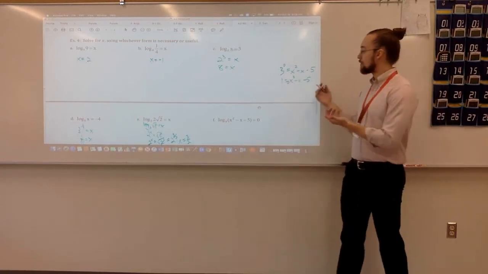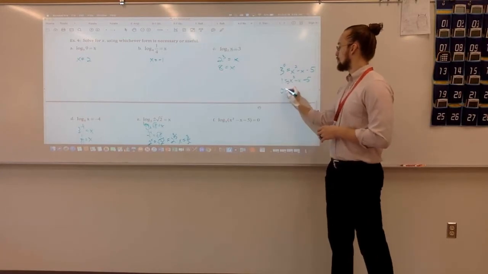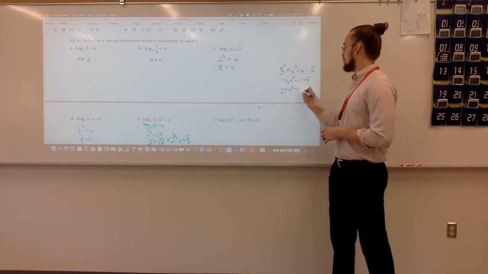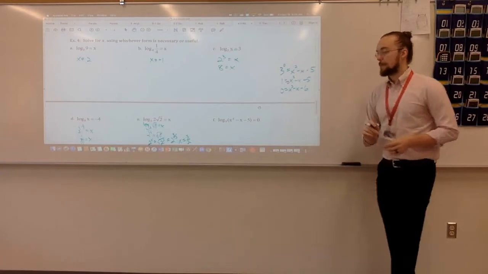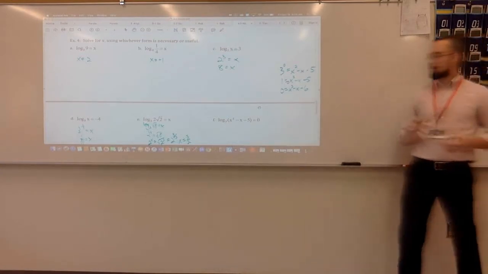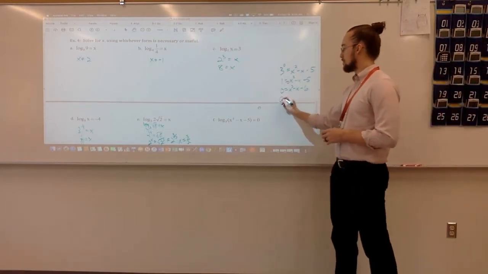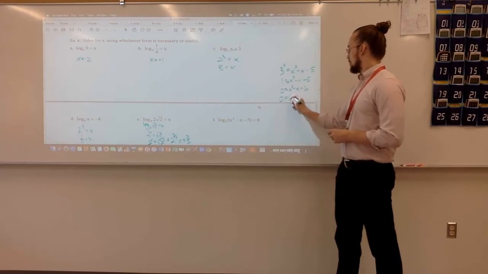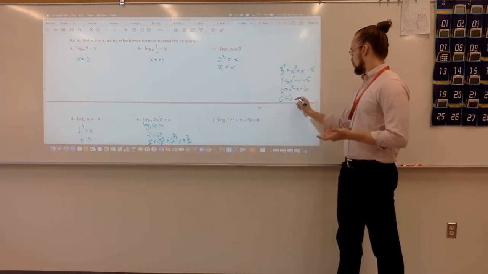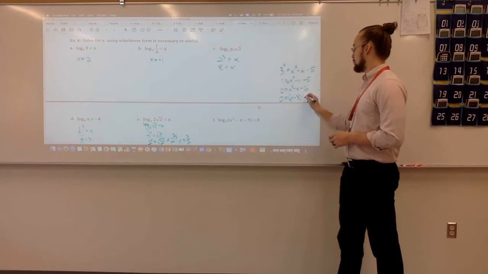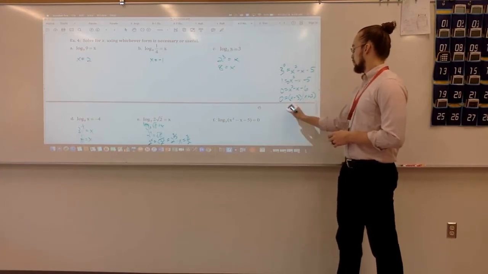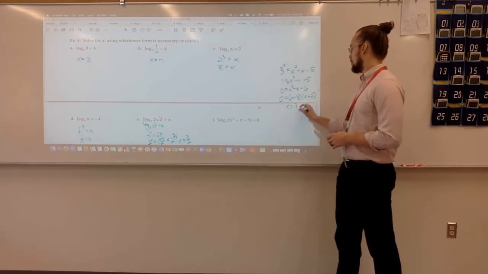Then we move the 1 over, getting everything on one side equal to 0. So x squared minus x minus 6. Then this will factor into x minus 3 and x plus 2, so we get 3 and -2.